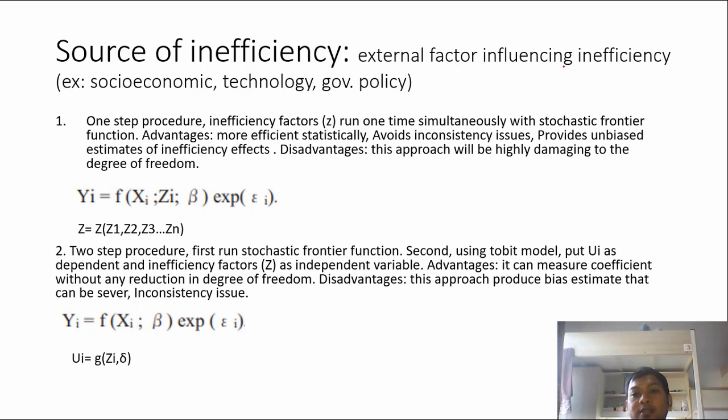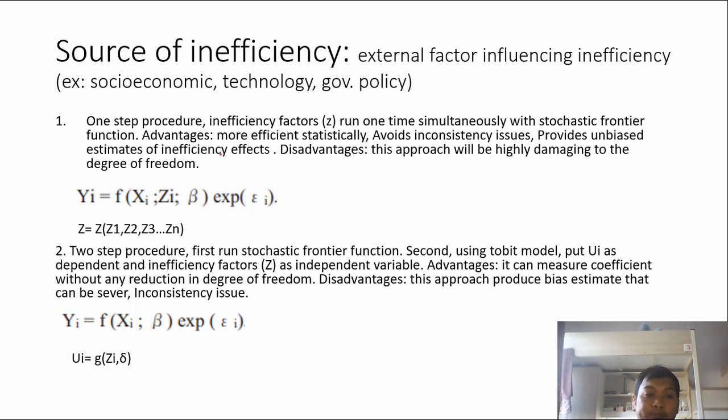For example, socioeconomic factors, maybe the gender, the age, the experience, the education, and so on, and maybe the technology, different management, and maybe the government policy, the subsidy, and so on.